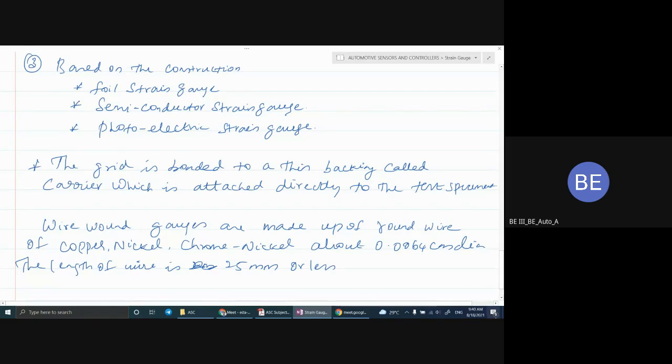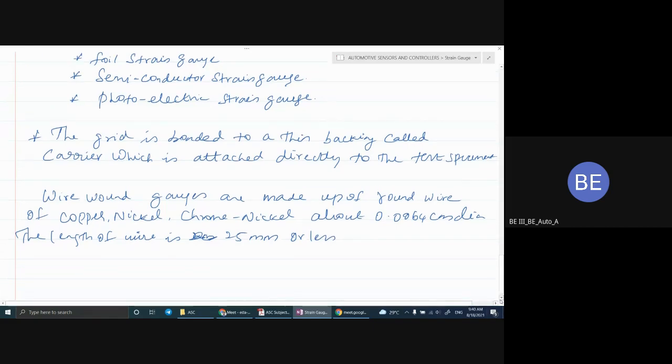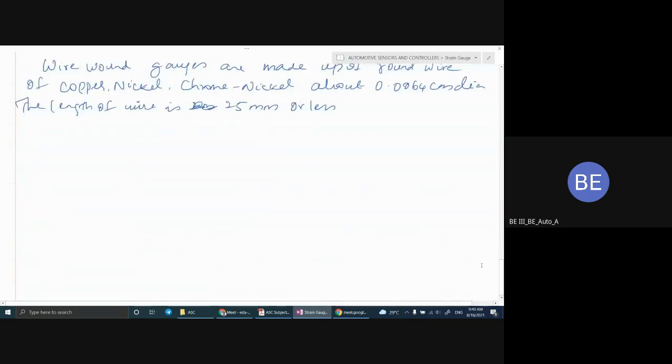So these are the things inside this material.